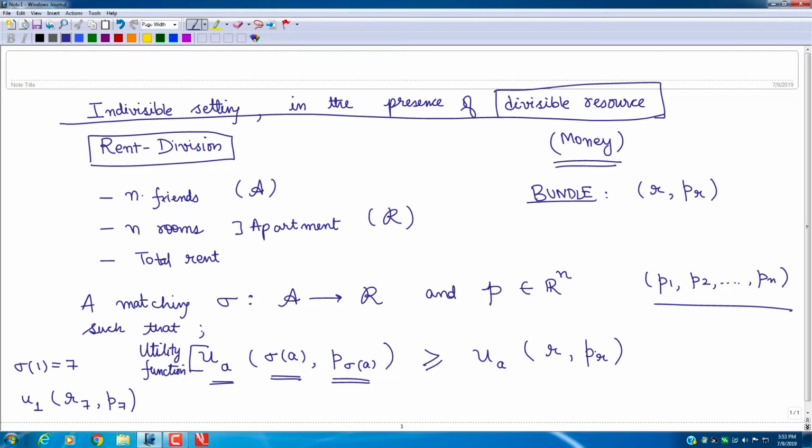Any other room. For notational ease, I can write it like this. So for all rooms R, and this happens for every agent A. This is coming from the set A and this is coming from the set R.